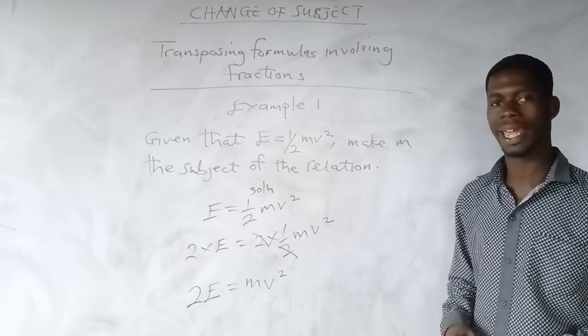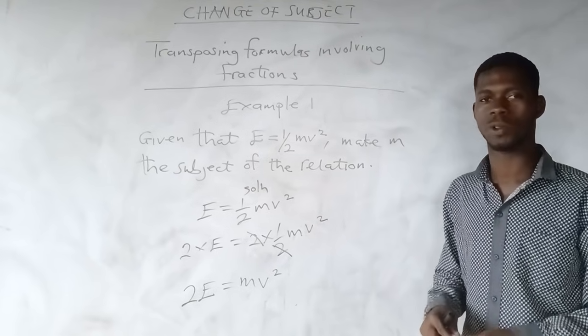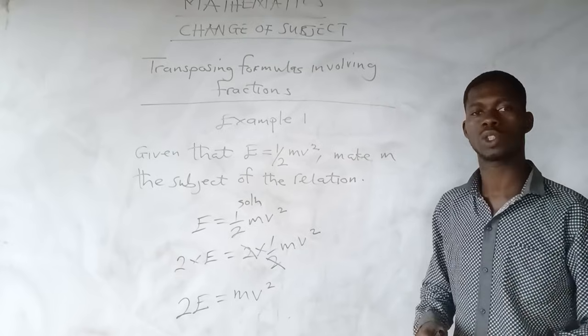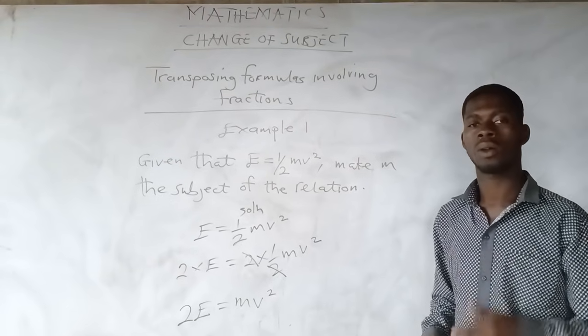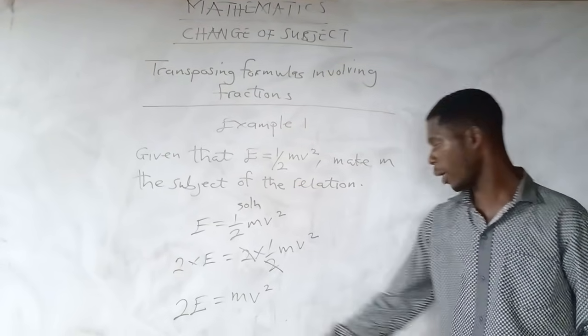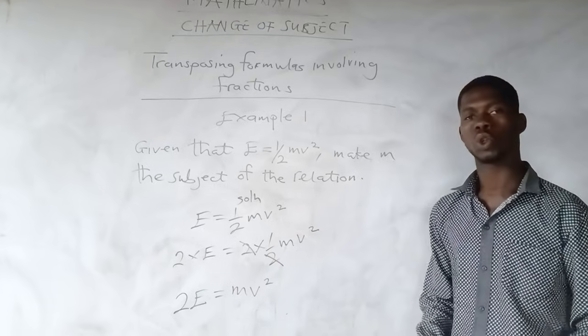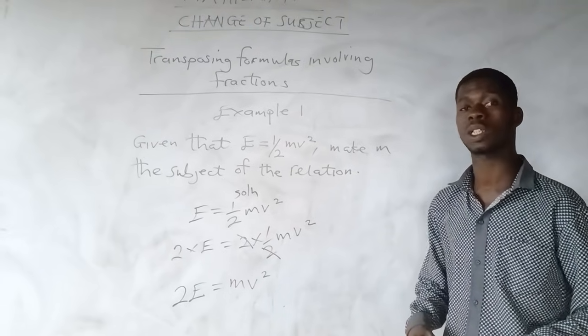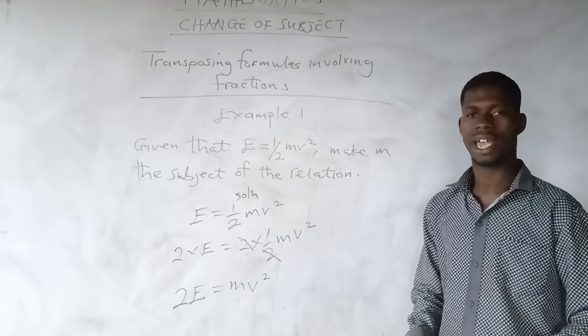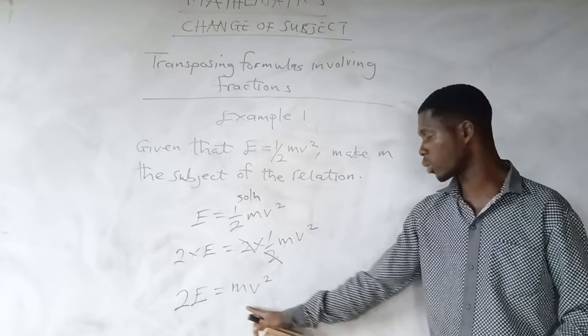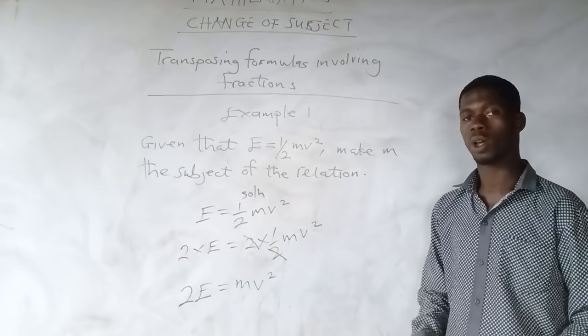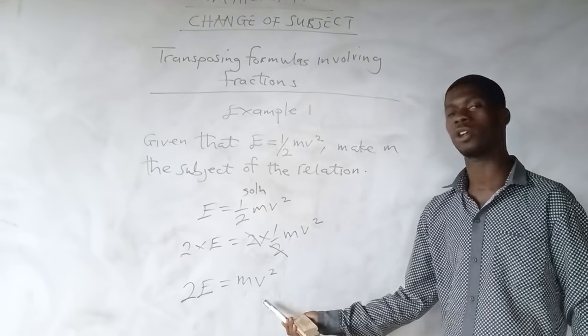Now we are making m the subject of the relation. So we have two terms, this term and this term. We're supposed to divide both terms by the coefficient of m. And the coefficient of m here is the v squared, right?